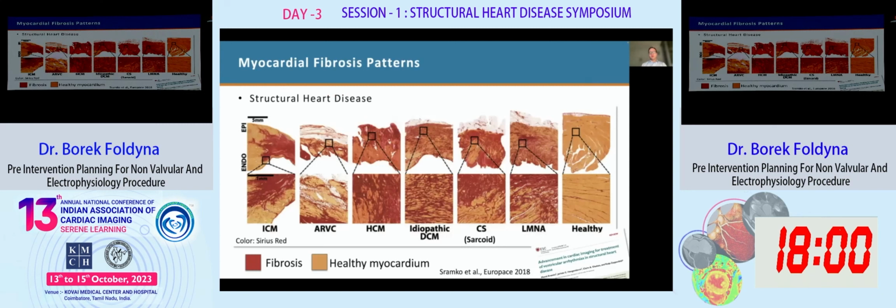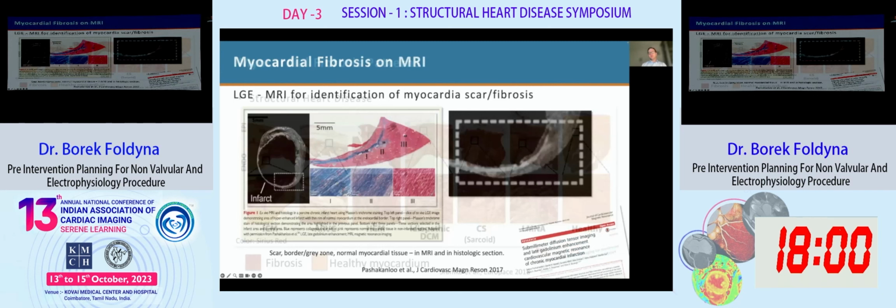So let's look at the myocardial fibrosis and the scar a little bit more closely. These are the different types, and this is nice histology work already from 2018. On the left, for example, you see the ischemic heart disease with this dense reddish scar, and yellow or orange is the vital myocardium, and you have this borderline or border zone around it. And we have all the other patterns here on the right.